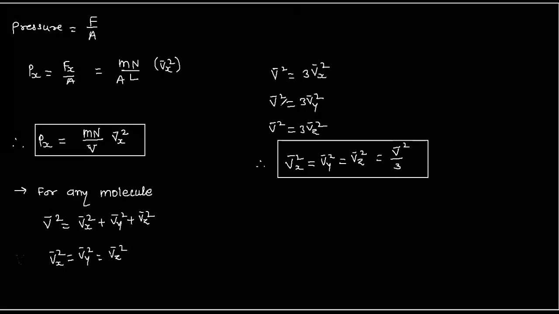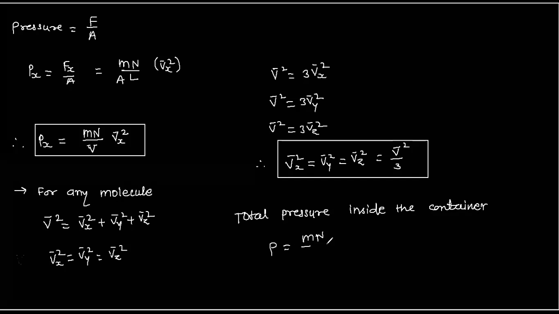So this is what your velocity is, and therefore the total pressure. This is the biggest derivation from this chapter, the remaining is very easy. Inside the container, P is equal to m n by V, and Vx bar square is V bar square divided by 3.